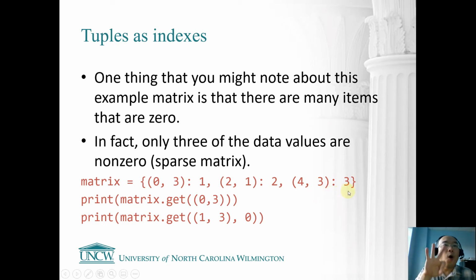Those are the only three non-zero values, and I'm using the xy coordinates as the key and the non-zero value as the value in the dictionary, and ta-da, I have this sparse matrix stored.